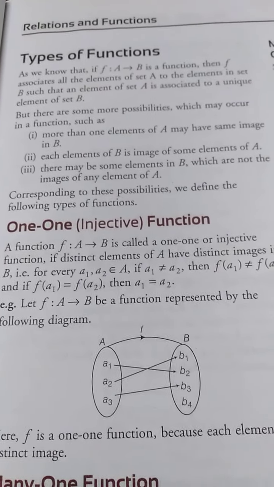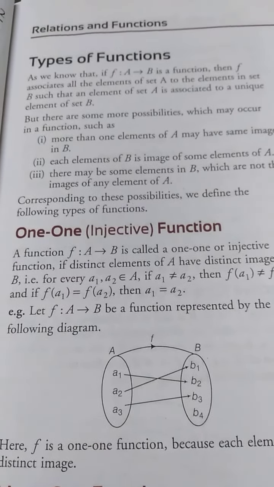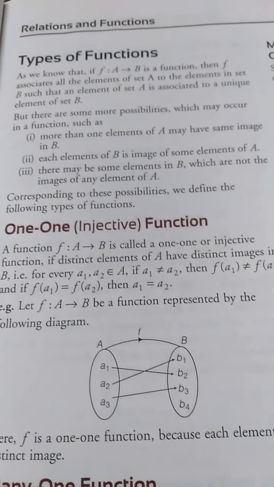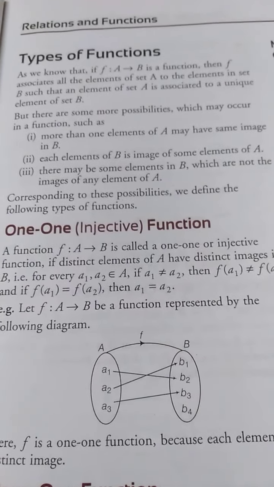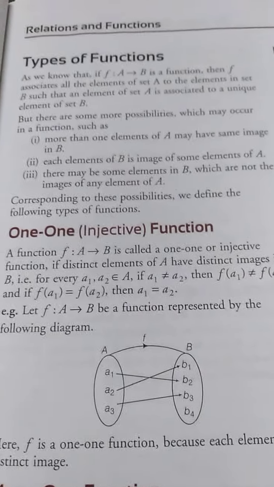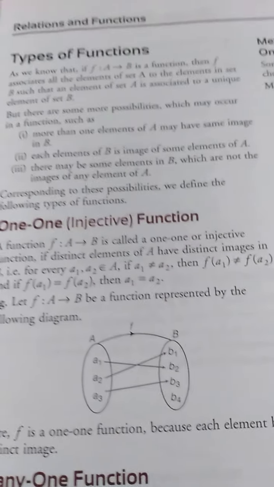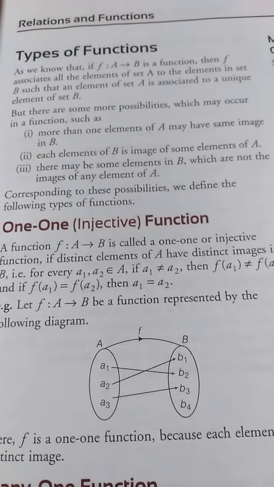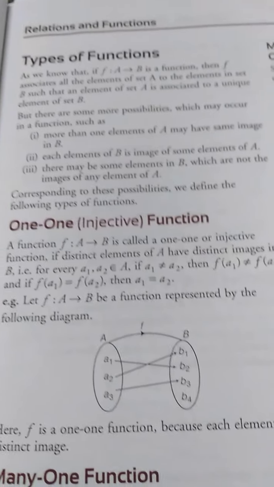There are algebraic functions, trigonometric functions, exponential functions, logarithmic functions. There are different types of functions we study in mathematics. We have the modulus function, the signum function and many more.